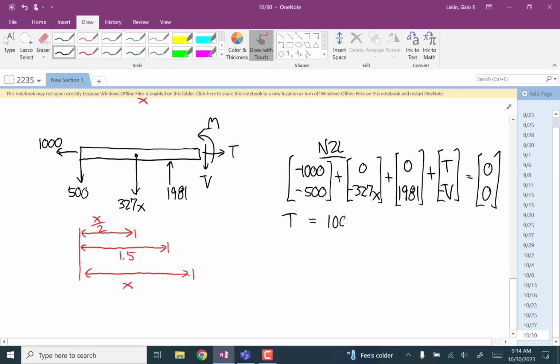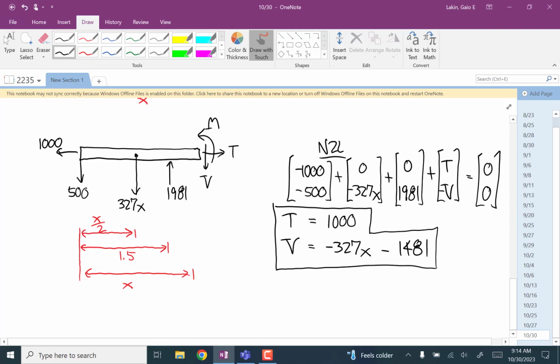So T is equal to 1,000. V is equal to negative 327x plus 1481. Should that be positive 1481? Yes. I just hadn't written this yet.